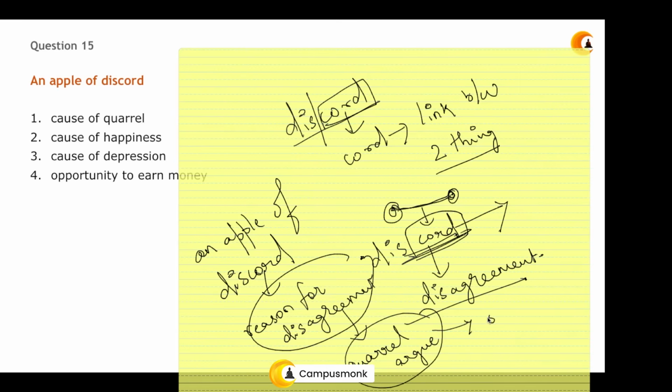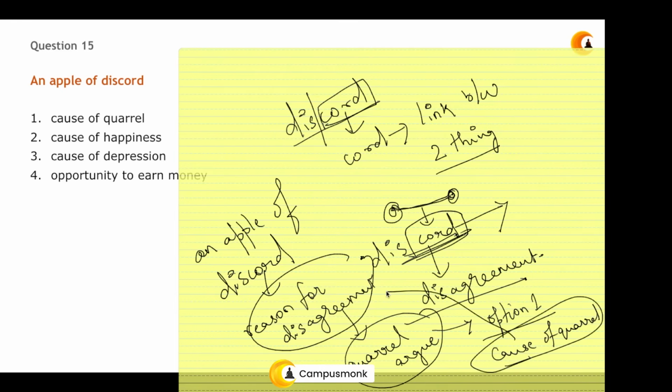Just have a look. The first option, option number 1, what does it say? The cause of quarrel. So what is the cause of quarrel between both the sisters? The box of chocolates. So that is the apple of discord. Okay, so your answer is in option number 1.